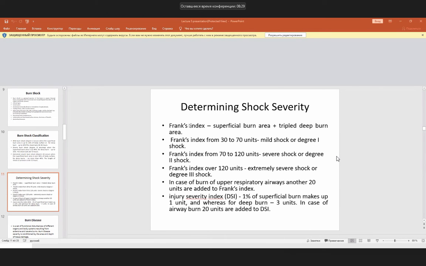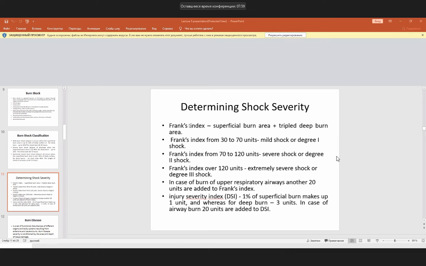Burn shock impacts microcirculation and metabolic processes, increasing capillary permeability, which results in the liquid part of the blood escaping from the vessels into the interstitial space.